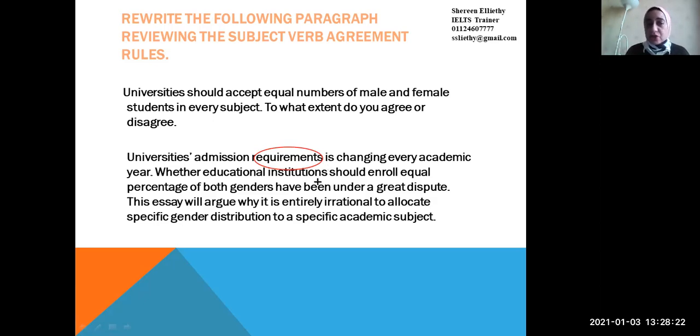Whether education institutions should enroll equal percentage of both genders. Okay, here is also another problem, because all this phrase is the subject. Whether education institutions should enroll equal percentage of both genders has been under a great dispute, not have. Because all this sentence will take the place of the subject.